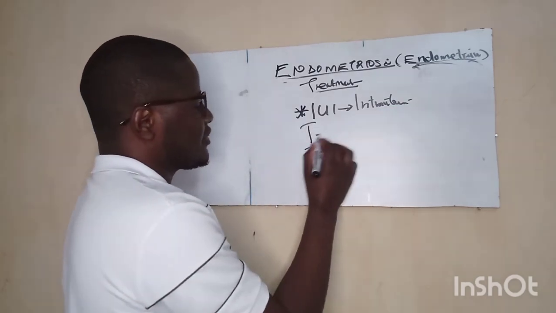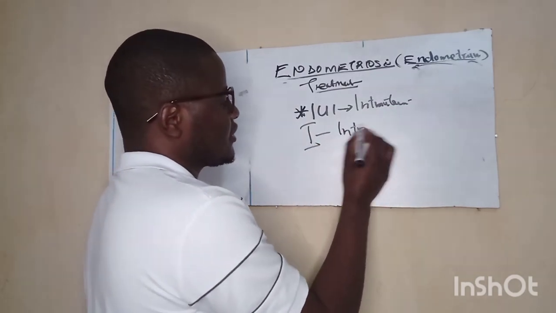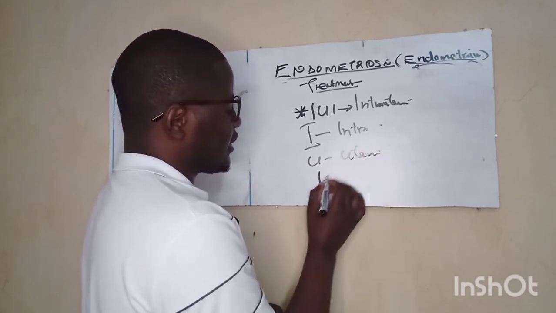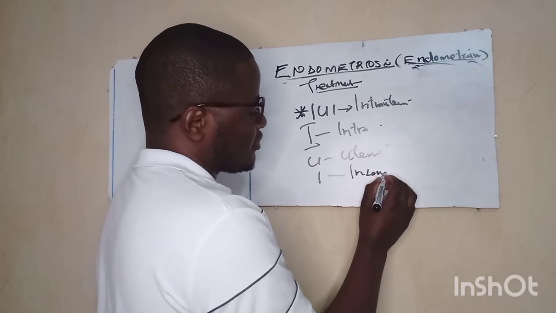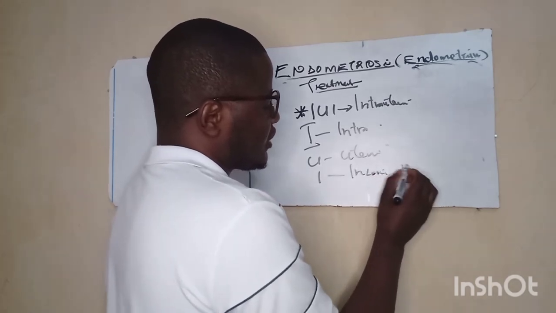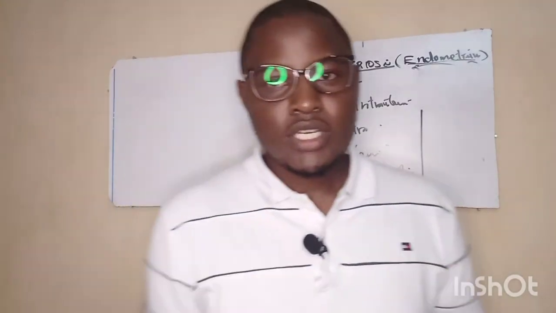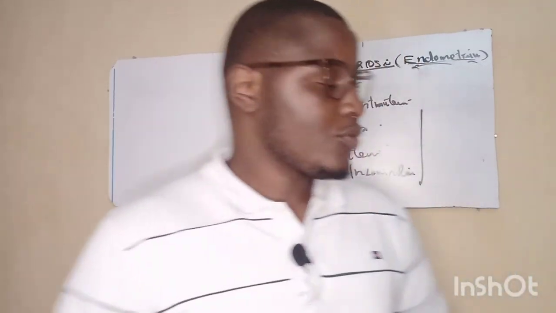The I represents intra, U is uterine, and the other I is insemination. So this is whereby we pick the sperms of your partner and introduce them into your abdomen directly.